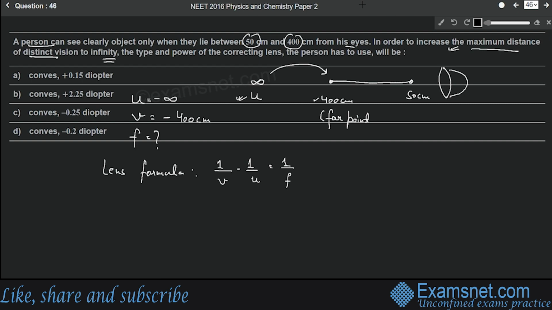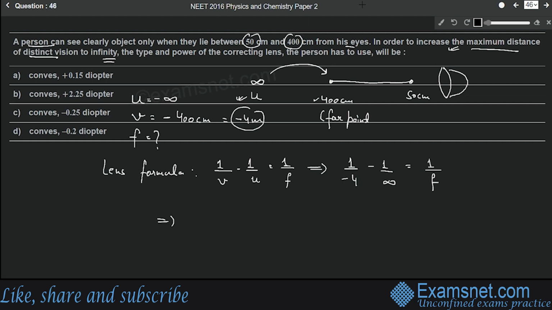So let's write it down. What is the image distance v? It is minus 400 centimeter, which means minus 4 meter. So we'll take it in meter: minus 1 by u, where u is infinity, equals 1 by f, that is the focal length of the lens.